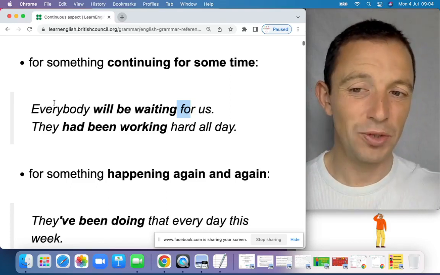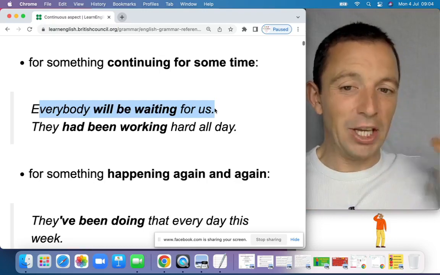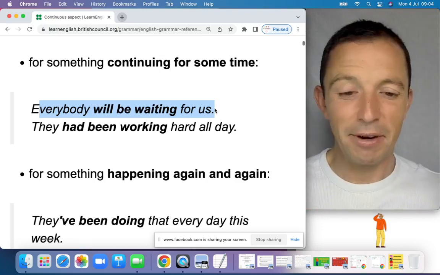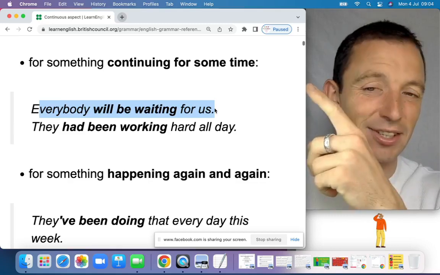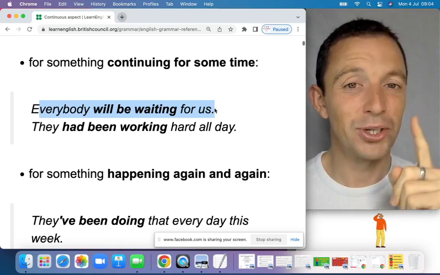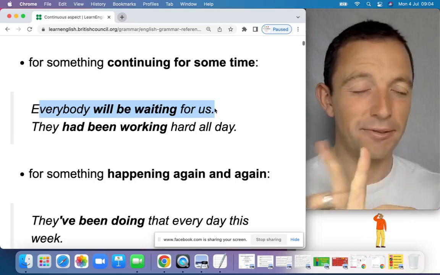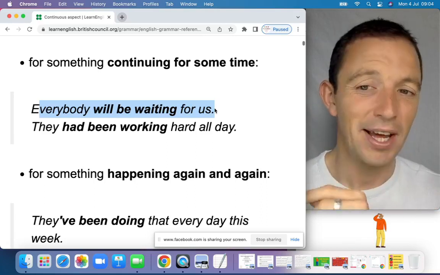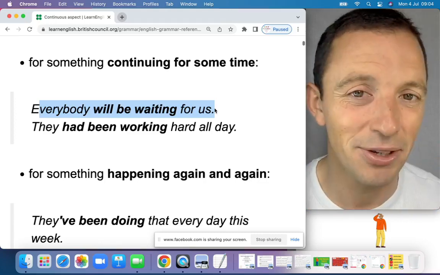So this is the future. And the idea here is it will be continuing for some time in the future. Everybody will be waiting for us. Okay, so that's number three. Remember, number two is before and after a specific action, and number one, before and after a specific time, and number three, for something continuing. And that's the idea of the continuous.